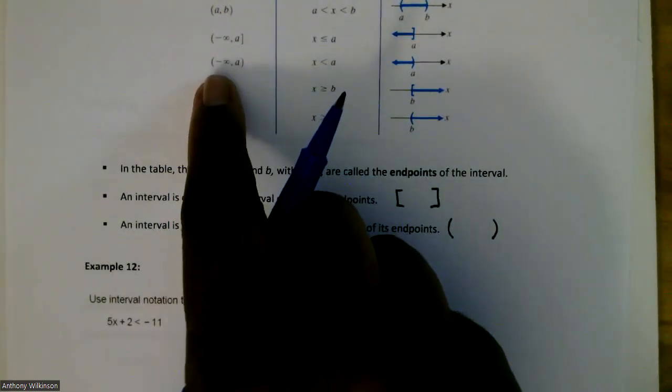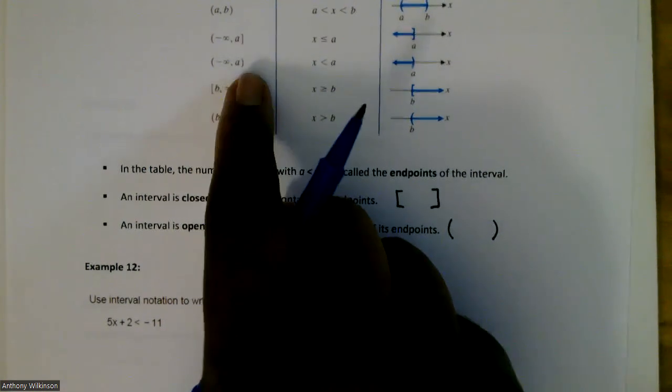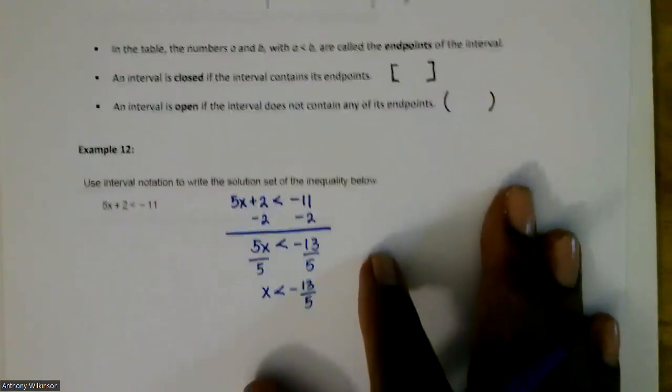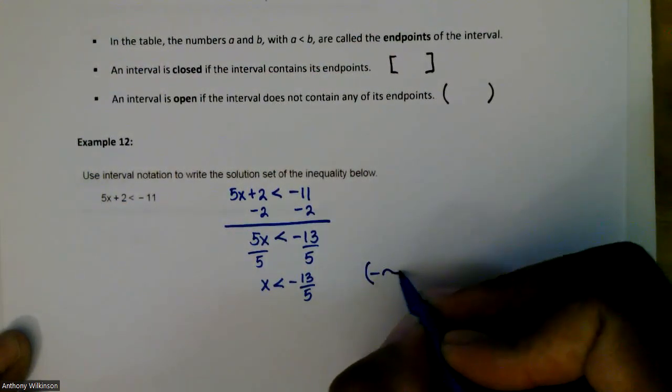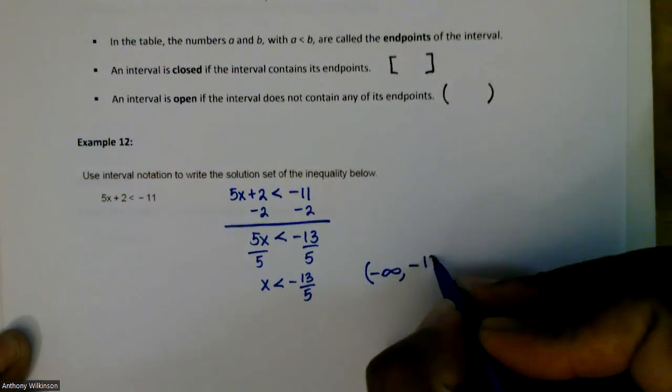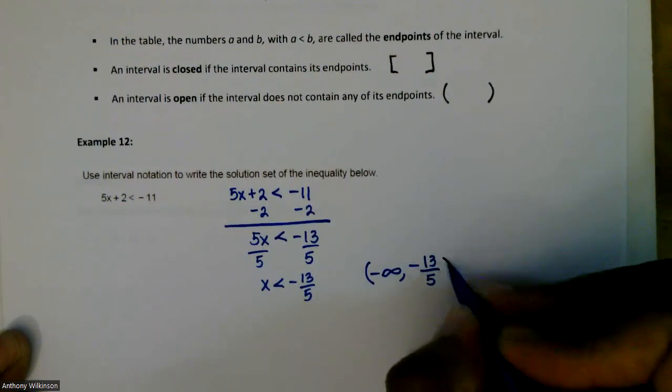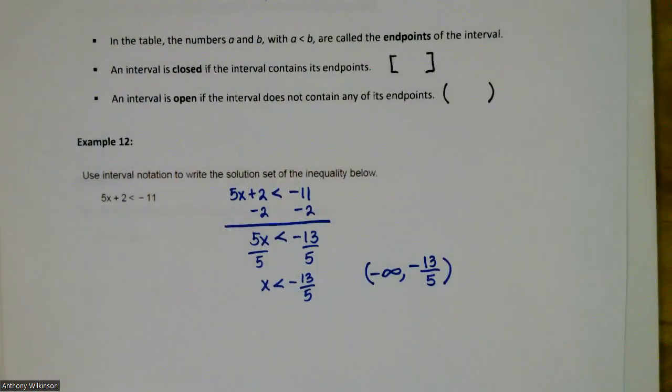And this would be the interval notation for that, negative infinity to that number with parentheses. So the interval notation would be from negative infinity to negative 13 fifths. Okay, so that's the interval notation that they want. Okay, here's another example.